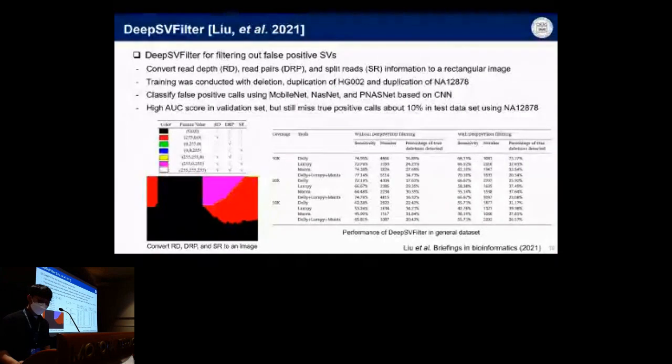Interestingly, there is a study developing a tool to filter out false positive structural variations using the labeled data, which is called DeepSVFilter. It converts read depths, read pairs, and split read information to a rectangular image for deletions and duplications of HG002 and NA12878.